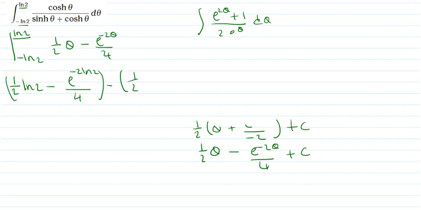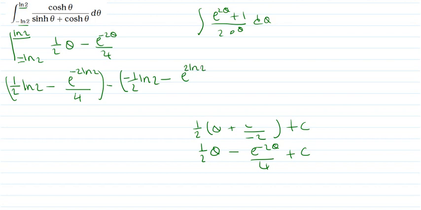Since it's negative here, it will be negative natural log of 2, then minus e to the power, since it's negative here, the power is going to be positive, so it's going to be 2 natural log of 2, everything over 4.